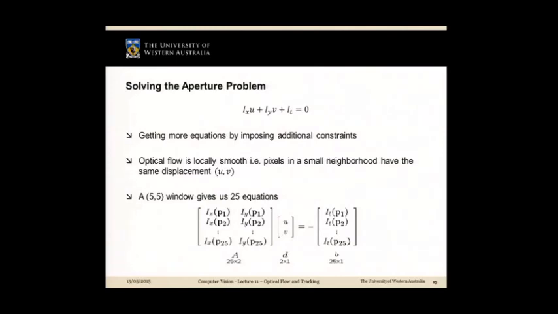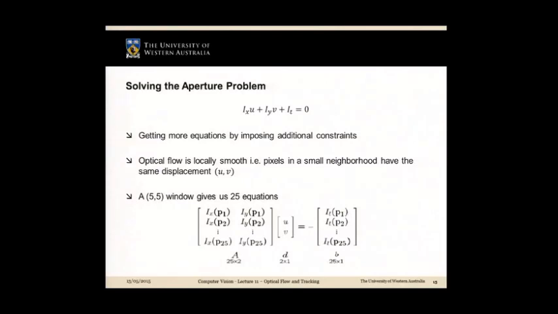So we have one equation and two unknown variables. To solve this, we impose some additional constraints on optical flow. Optical flow is locally smooth, that is, pixels in a small neighborhood have the same displacement.